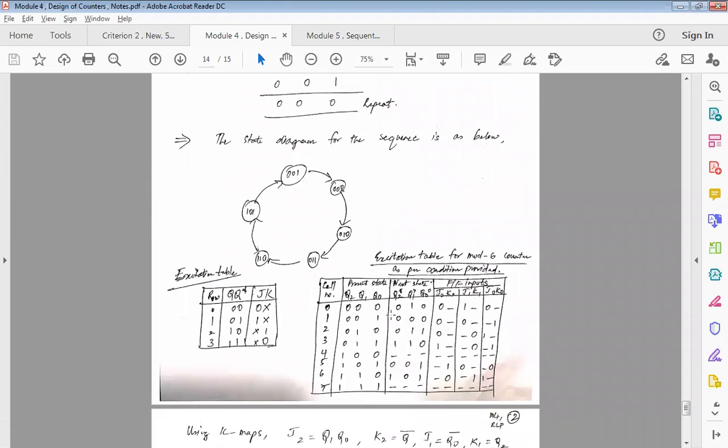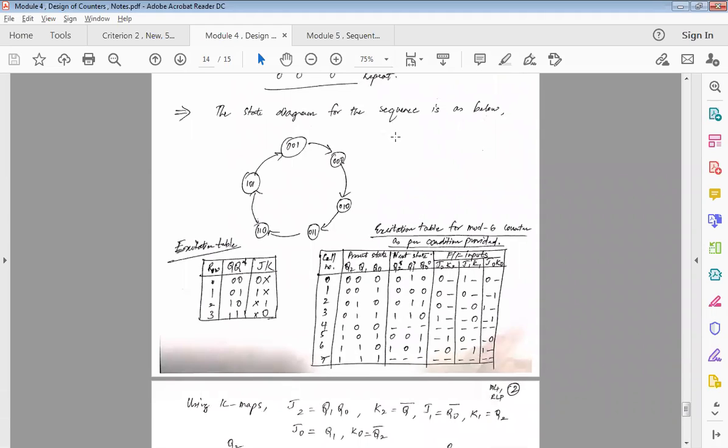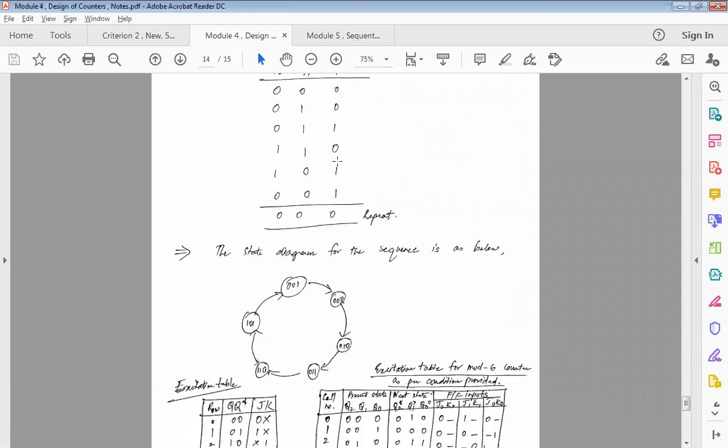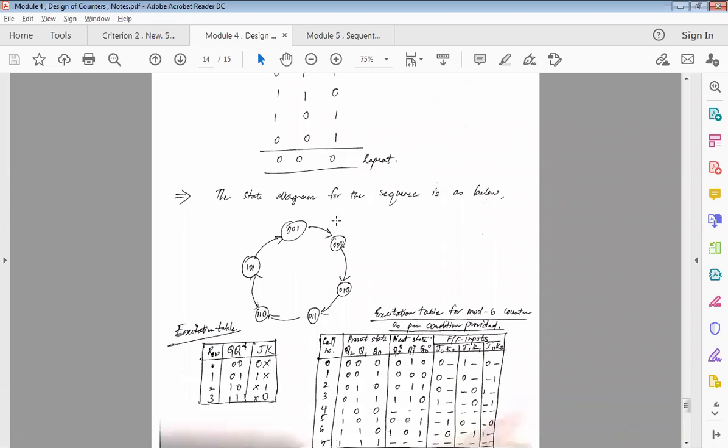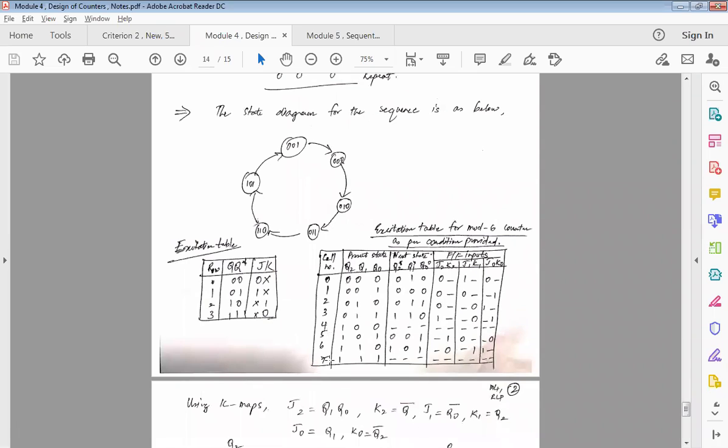Now here, I have 1, 2, 3, 4, 5, 6, 7, because it's going to 0. So initially it's going to start with 0. So 1, 2, 3, 4, 5, 6. So 6 unique states, right? And it's starting from 0. So I will have 0 to 7.